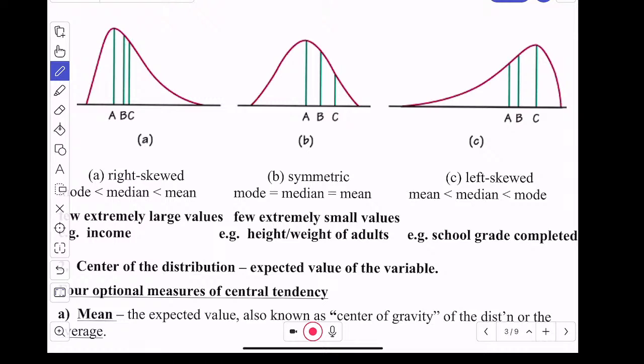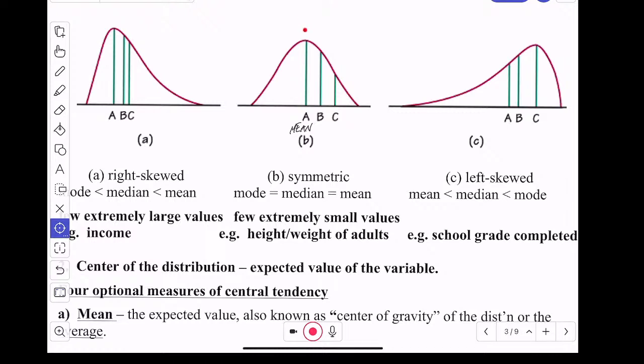For the symmetric distribution, the balancing point is here, on A. So the mean is in the class at A. It's in that group. It's one of those numbers in there. I haven't put the data in here, but you could, okay? So the mean is there.